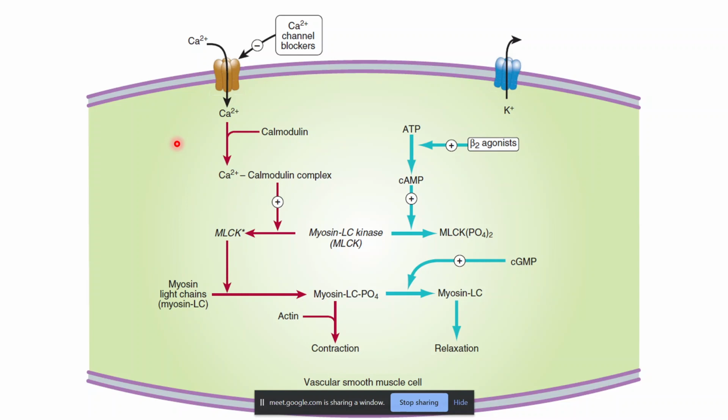So the first is increase in cyclic guanosine monophosphate, and cyclic guanosine monophosphate facilitates the dephosphorylation of myosin light chain, preventing the interaction of myosin with actin.